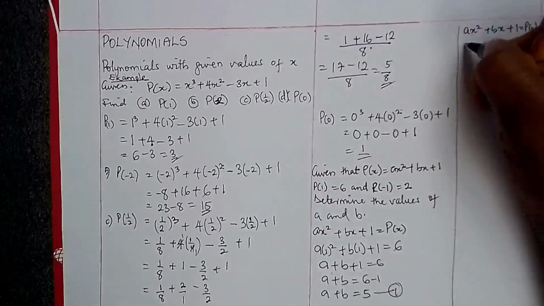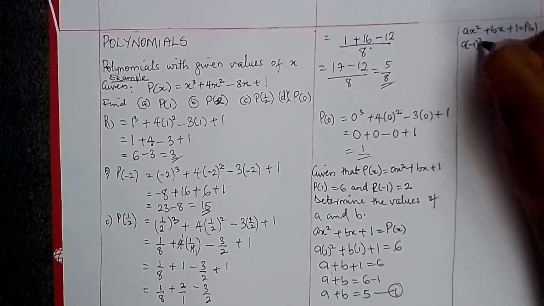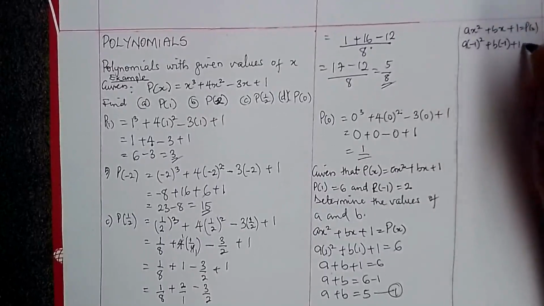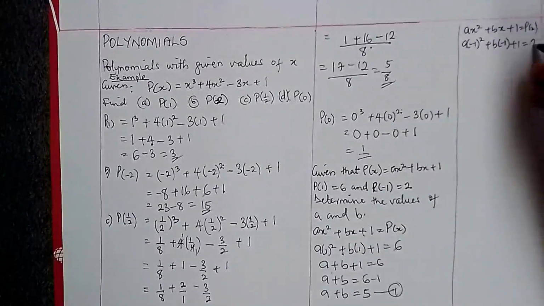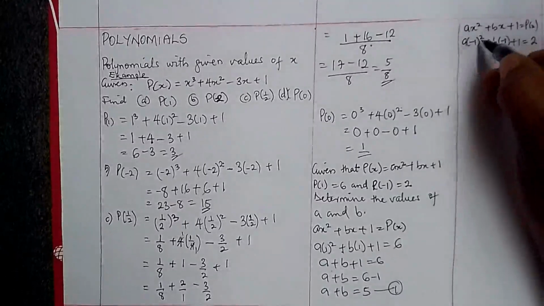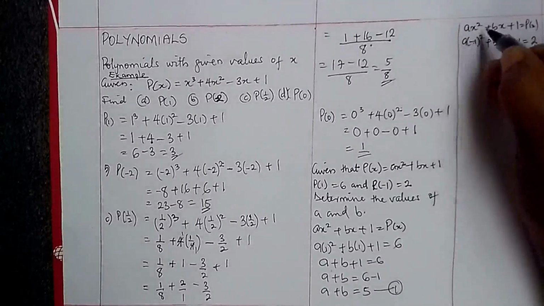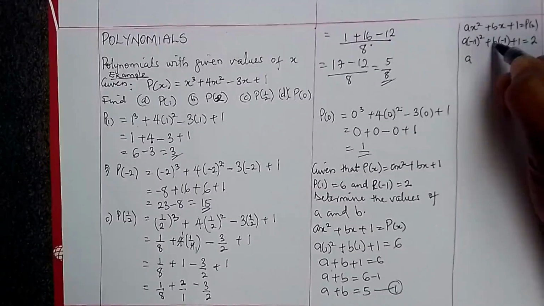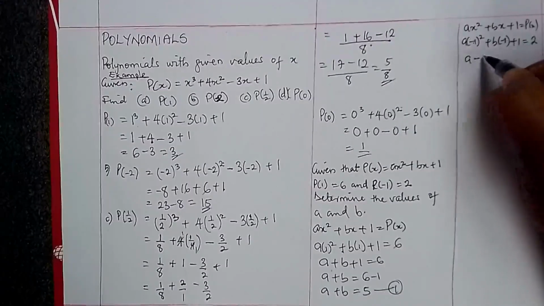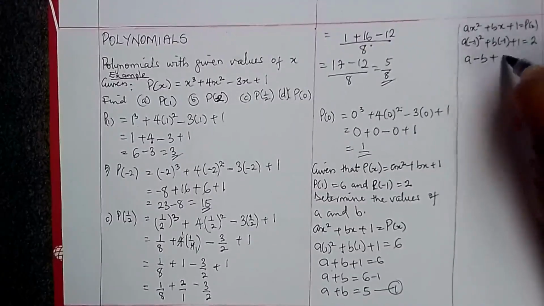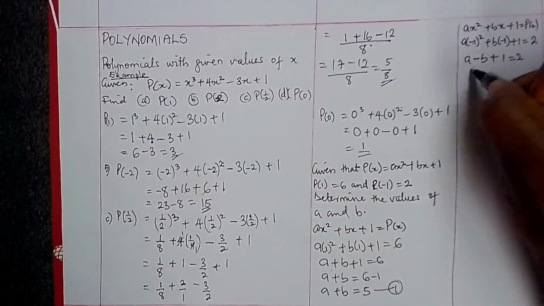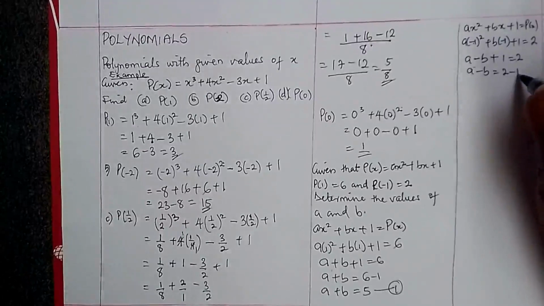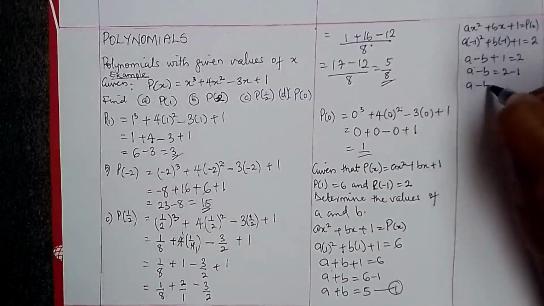P of minus 1 is a times minus 1 squared plus b times minus 1 plus 1 is equal to, the value there is 2. So we have minus 1 squared is 1. 1 times a is a. Minus b times minus 1 is minus b. Plus 1 is equal to 2. So we have a minus b is equal to 2 minus 1. So a minus b is equal to 1.